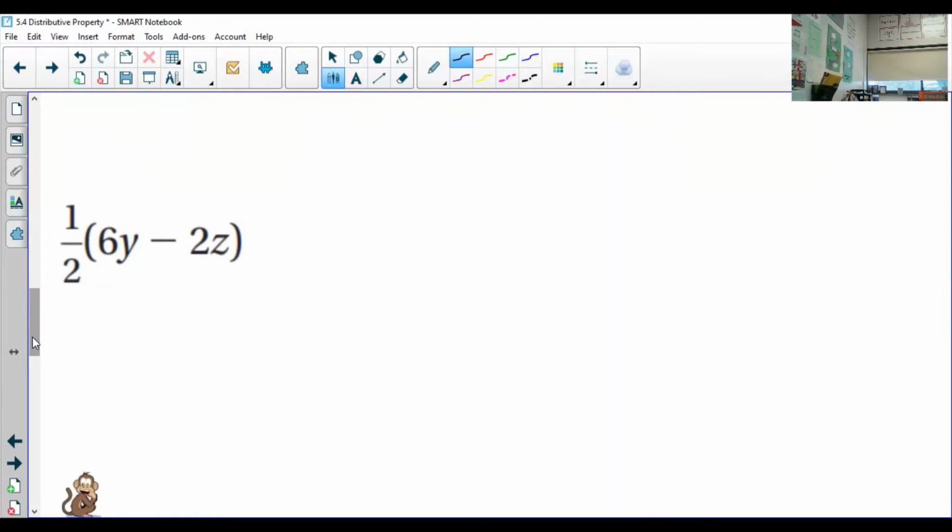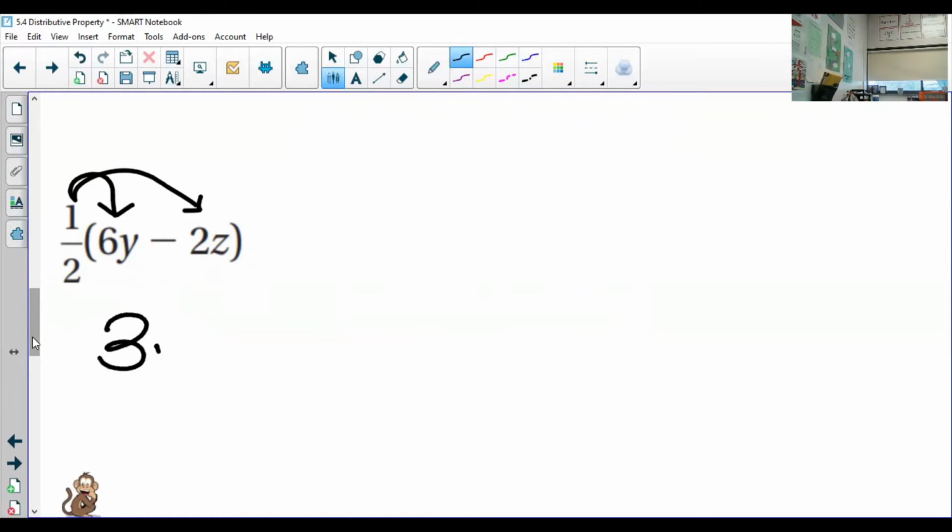1/2 times 6y minus 2z. Okay, well, the 1/2 is what I'm going to distribute to each part of the parentheses. So 1/2 times 6y, well, what's half of 6? 3.